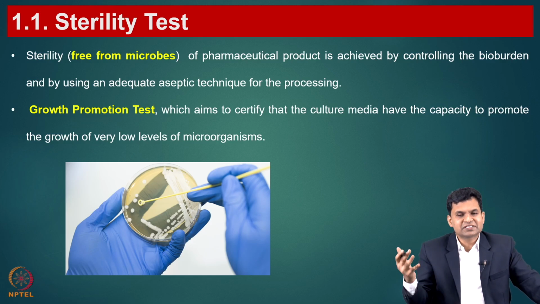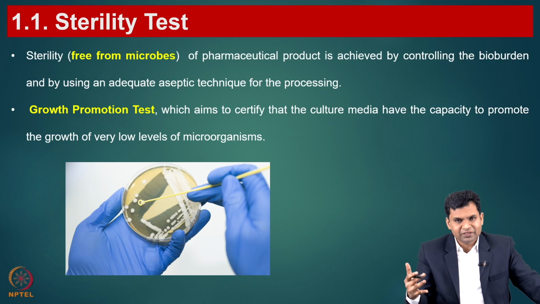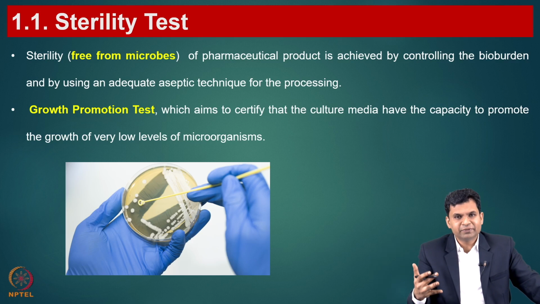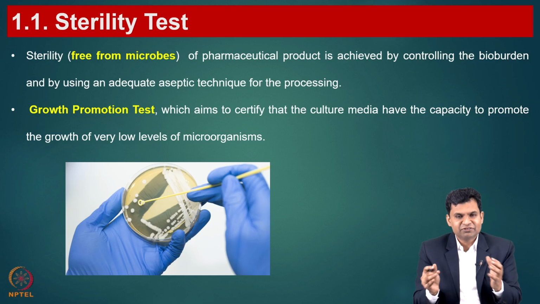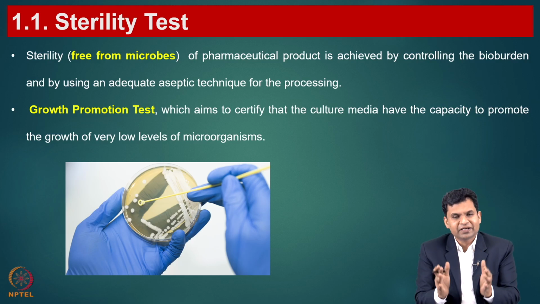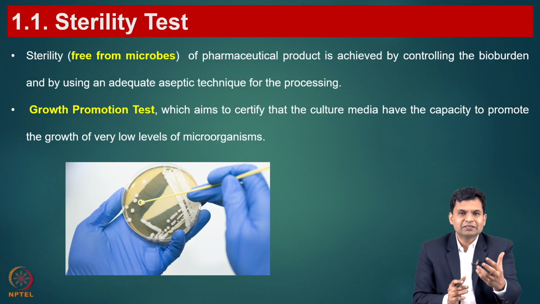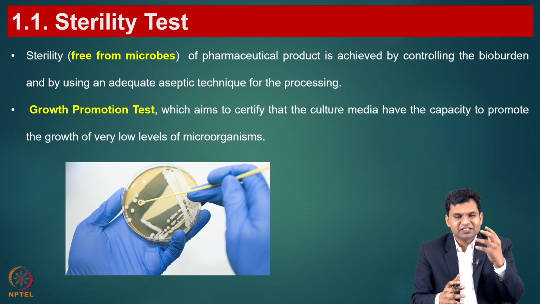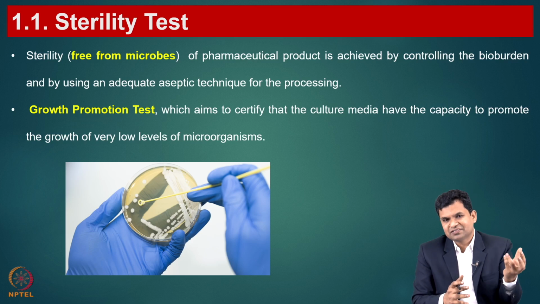When we call products sterile, it is after performing sterilization by using heat methods, autoclave, or dry heat, and various other sterilization techniques, which include UV radiation, gamma radiation, membrane filtration, and various chemicals. We do the treatment and kill the microorganisms, which is sterilization. After performing sterilization, we can say that our product is sterile.